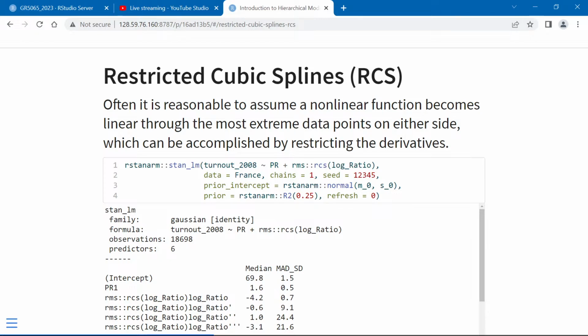And so that construct is provided in the RMS package. So the package is called RMS for regression modeling strategies. So BRMS is actually picking up on the RMS name for Bayesian regression modeling. But anyway, the guy Frank, who came up with the regression modeling strategies package and also book, is very much Bayesian.